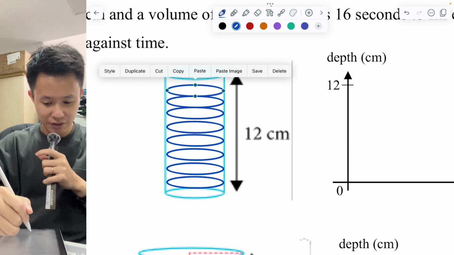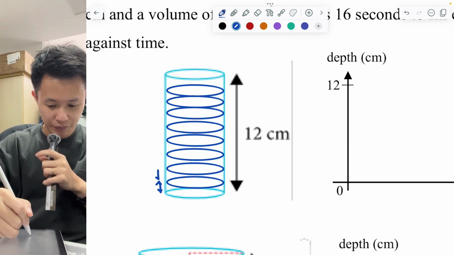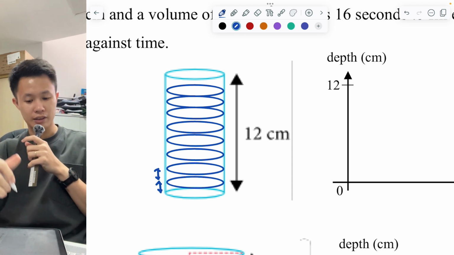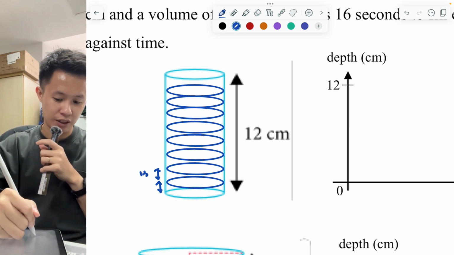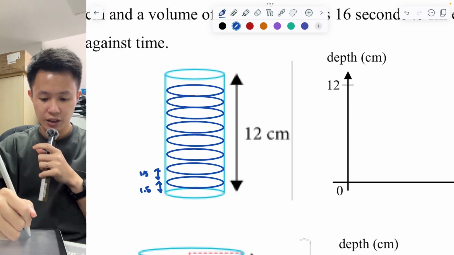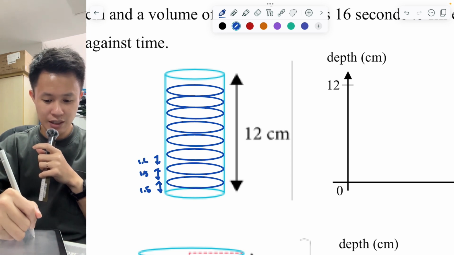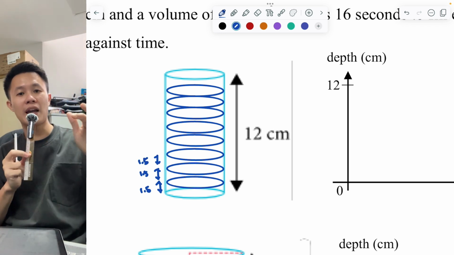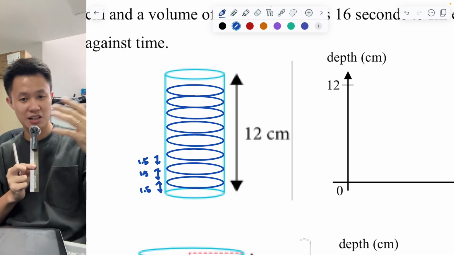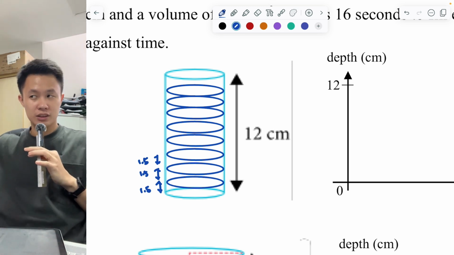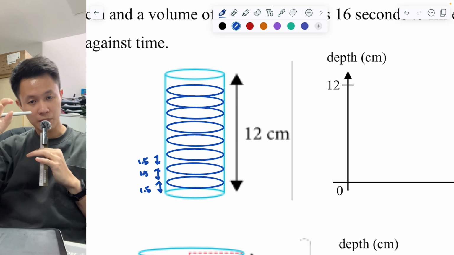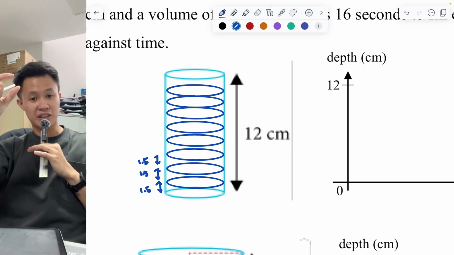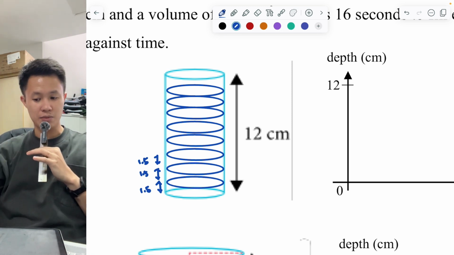But can I say that at every instance of this, if they are equal height, let's say all these are 1.5 cm, can I say that the amount of water at every 1.5 cm is actually the same? The amount of water that flows in to fill up that 1.5 cm of depth is going to be the same.